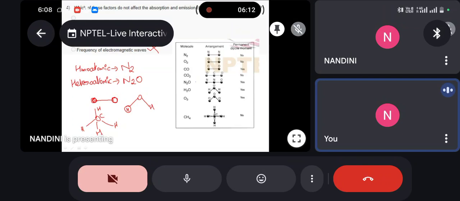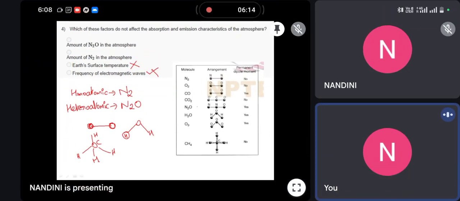Then the molecules can also be non-polar or polar. What does it mean by polar and non-polar? Non-polar means there is no asymmetry in their charges, and they don't have a dipole moment. Whereas there are some molecules which have a dipole moment, which means they have asymmetric positive and negative charged ends.